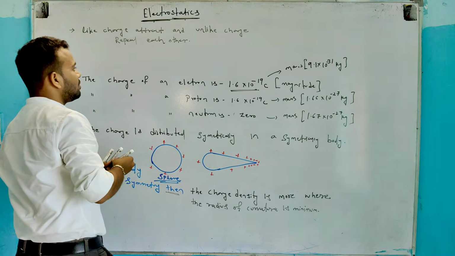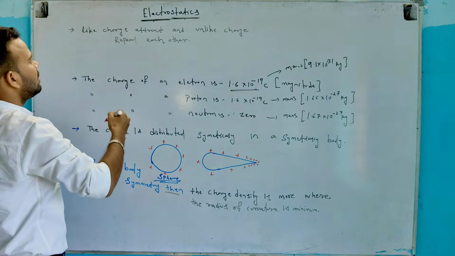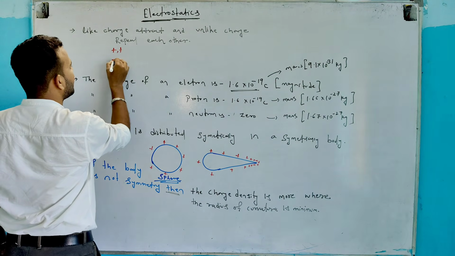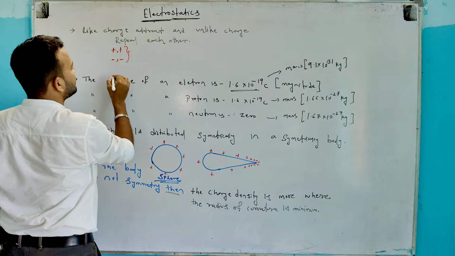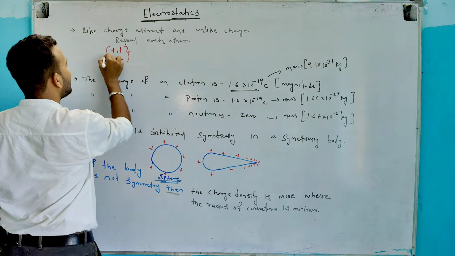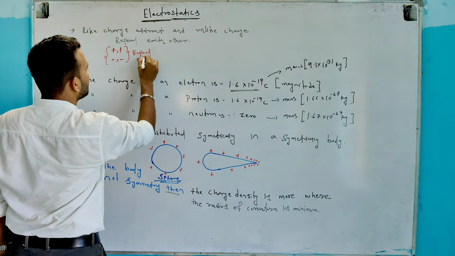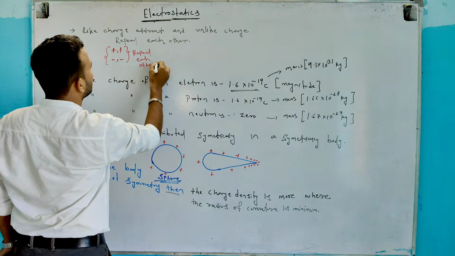What is the meaning of like charge? Like charge means the same charge: positive-positive or negative-negative. These repel each other.